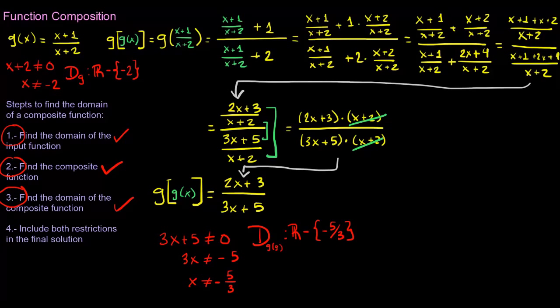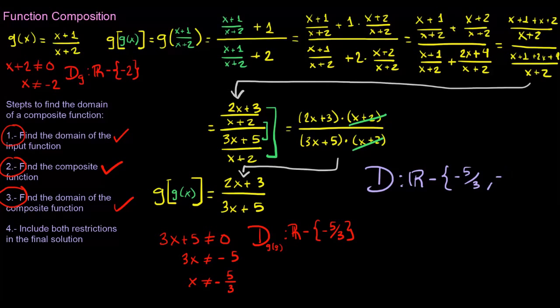Now here comes the thing: in order to write the whole solution, we have to take into consideration both of the domains we got, the one from the input function g of x, which is this domain here, and as well the domain of the composite function, this one here. So the final domain would be all the real numbers except for negative 2 and negative 5/3.